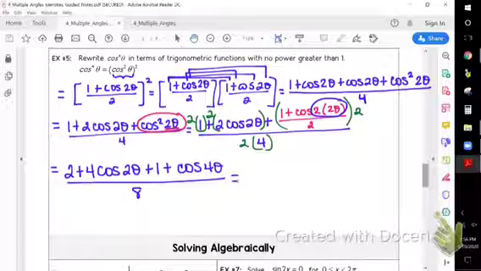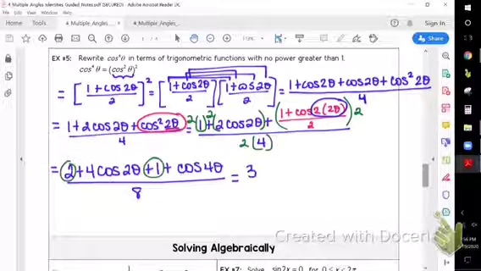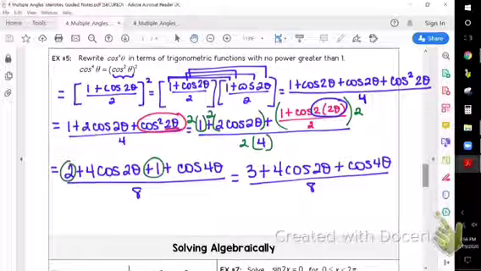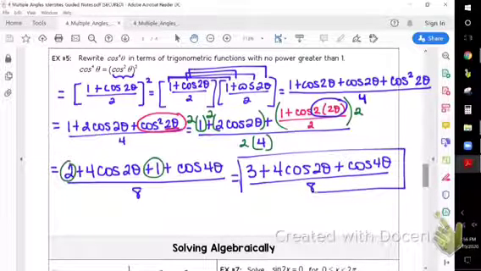So my like terms are 2 plus 1, which is 3. So I have 3 plus 4 cosine of 2 theta plus cosine of 4 theta all over 8. No other like terms in the numerator. They're all in the first power of cosine. So I'm done there, guys. So there would be our solution.